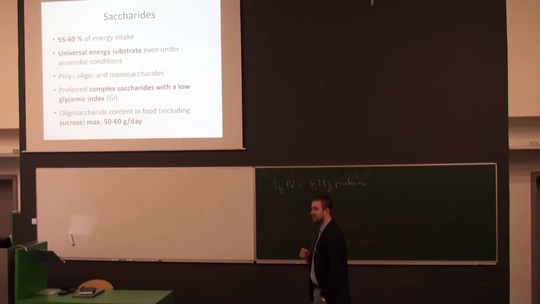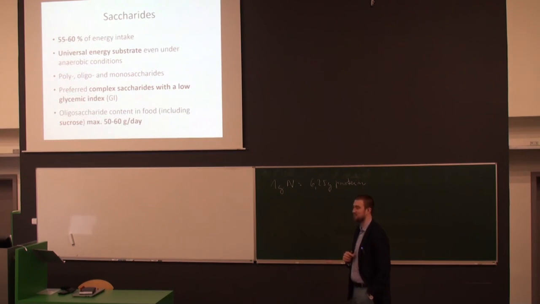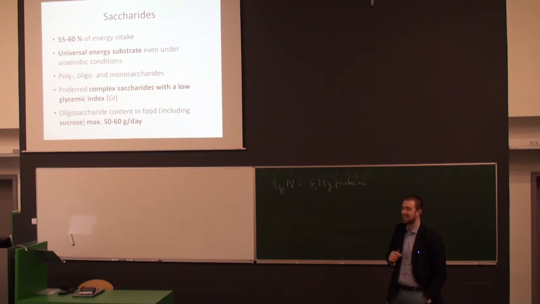Could you give me some example of these saccharides? Starch. Starch where? Starch is, for example, in pasta, and it's not so good if you have only the white pasta. Rice, some types of rice are good, but the typical jasmine rice that we eat is not good. It has high glycemic index.